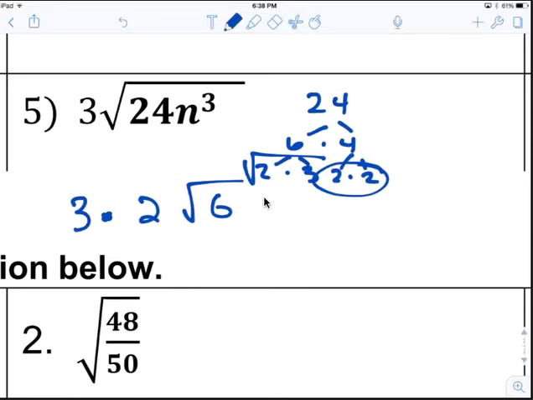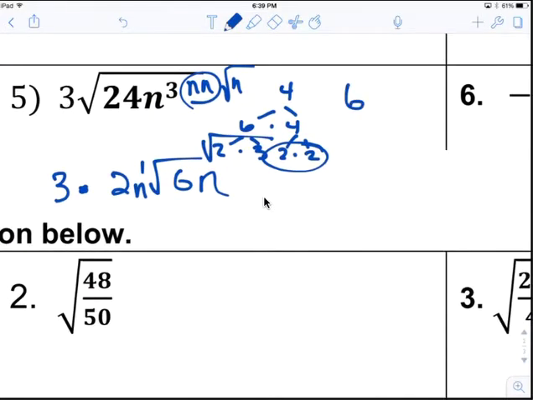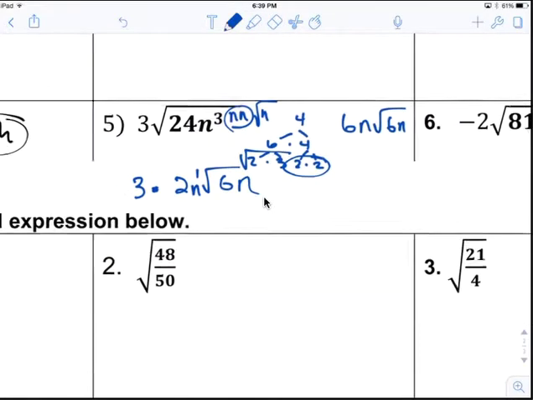Okay? And you get n, you get 1 group with 1 left over, right? So n to the first and n with radical n, because that's left over. So your answer then is 6n radical 6n, square root of 6n.